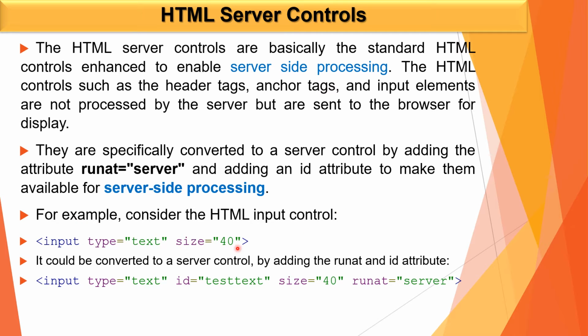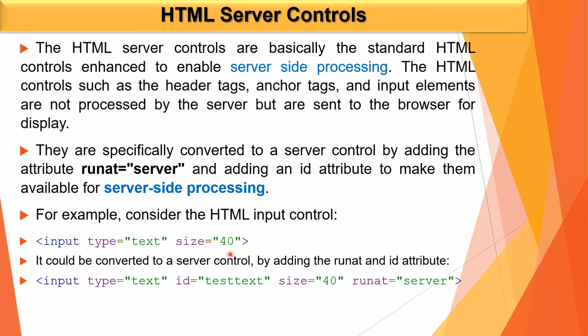For example, consider the HTML input control. See here, in the angular brackets, input is an HTML control, with type equal to text and size equal to 40, given in double quotation marks. This could be converted to a server control.